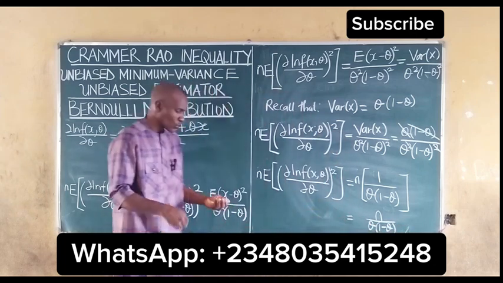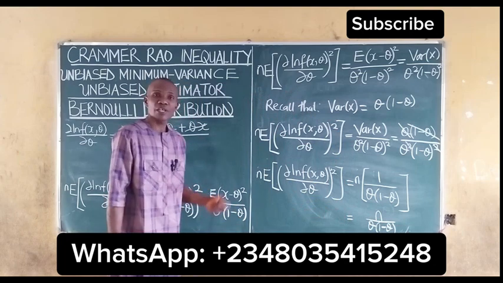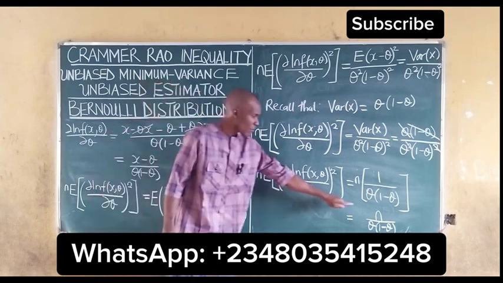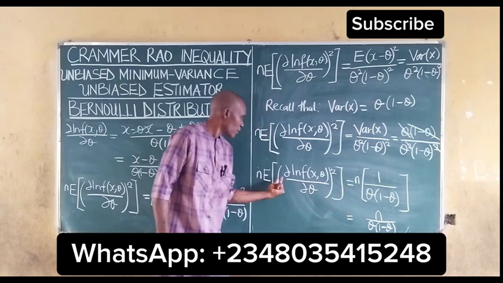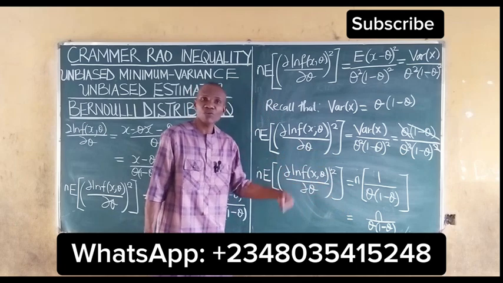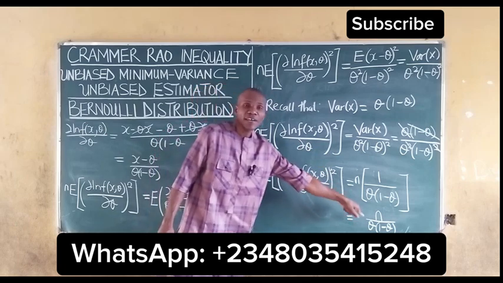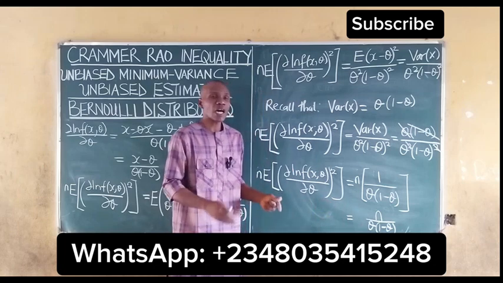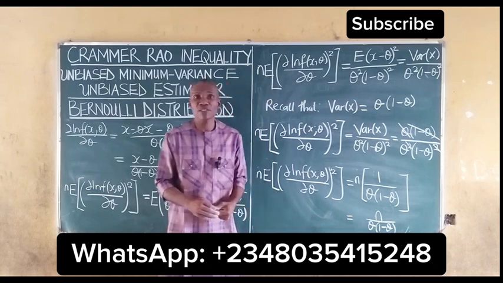Now the next thing to do is to compare with the Cramer-Rao inequality. Since we have gotten this, we compare with our Cramer-Rao inequality and take the inverse of this, and it becomes our minimum variance unbiased estimator.